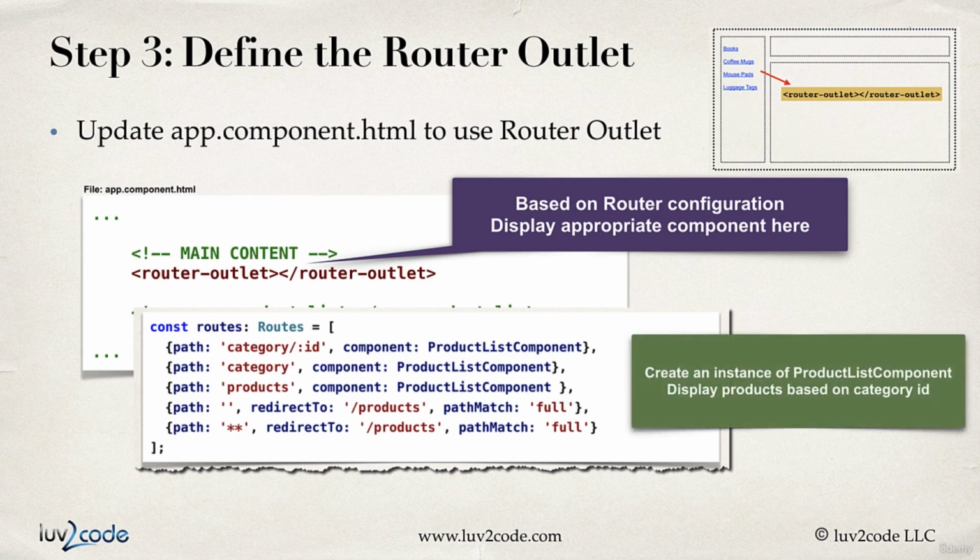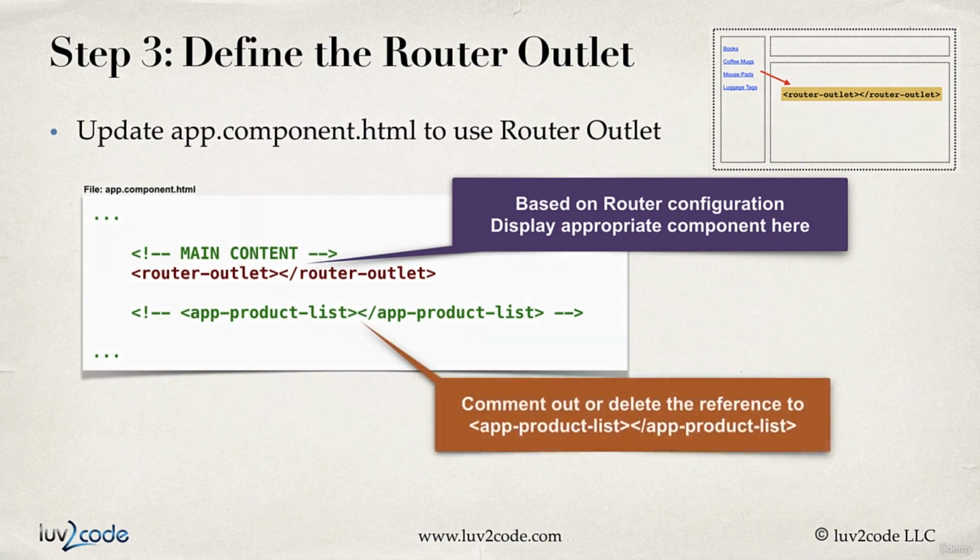So it'll actually create an instance of the product list component, and it'll display the products based on the given category ID for that given link. And as part of some refactoring, we can comment out or delete the reference to app-product-list. We no longer need this here directly. This information will be updated dynamically based on our actual router setup.